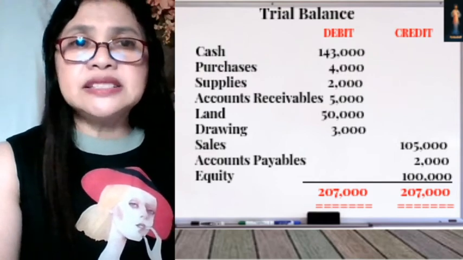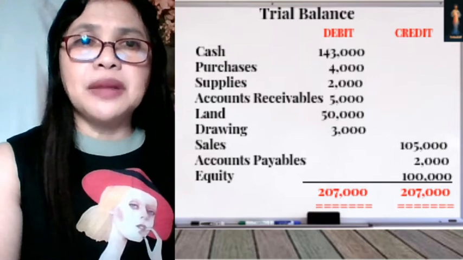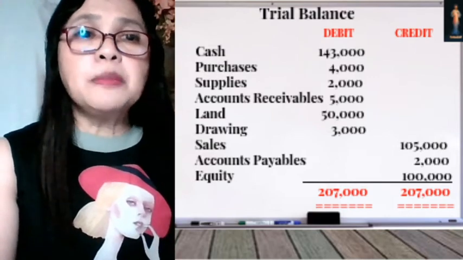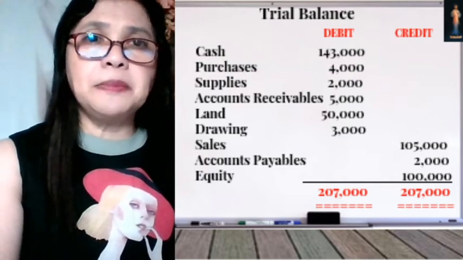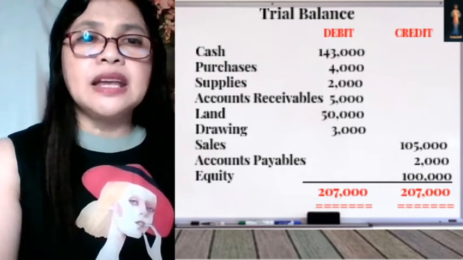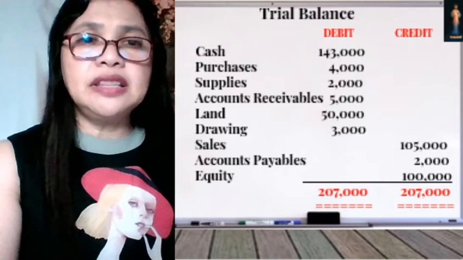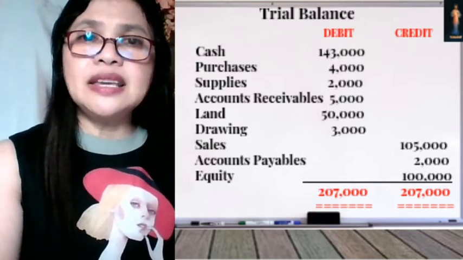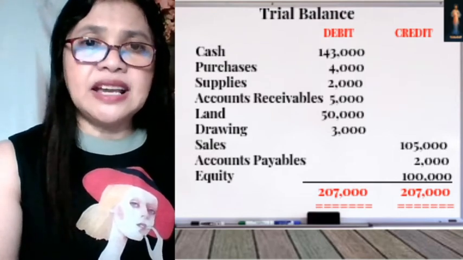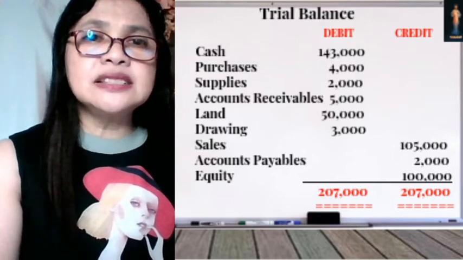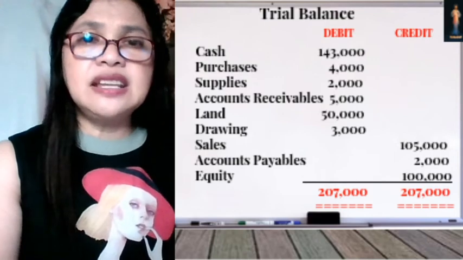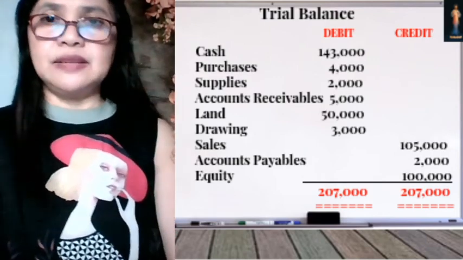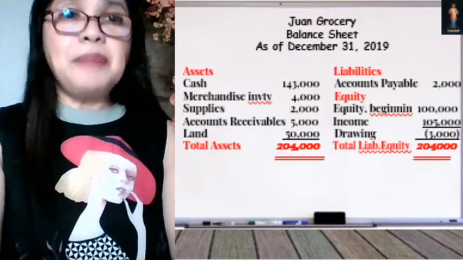Cash, purchases, supplies, accounts receivable, land, and drawing have normal debit balances, so they are placed in the debit column. Sales, accounts payable, and equity have normal credit balances. That is why you put them on the credit side, and then you get a total debit balance of 207,000 and a credit balance of 207,000.